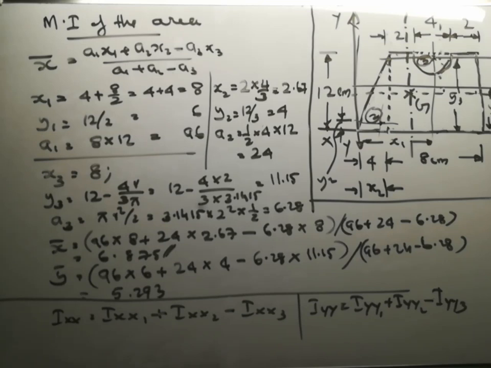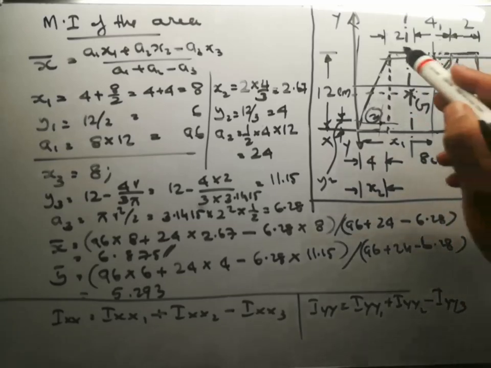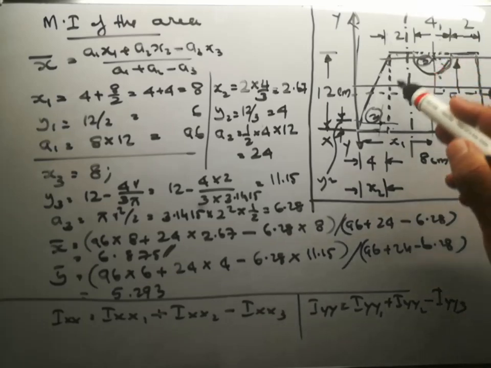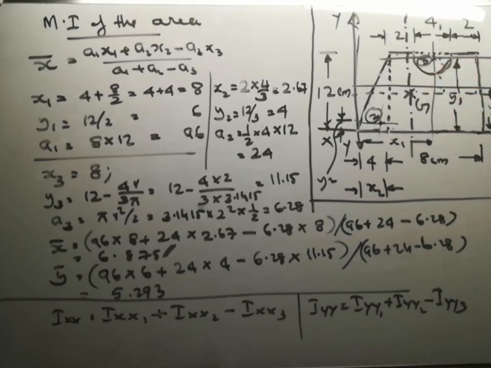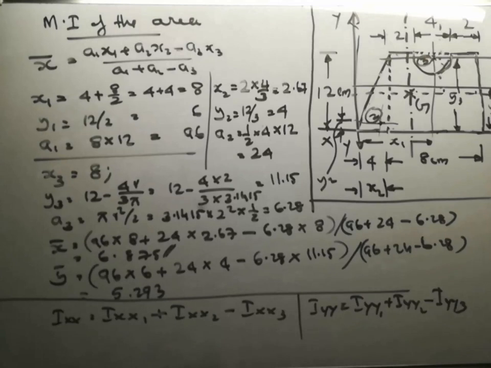So what is Ixx1? Ixx1 is equal to the moment of inertia of this rectangle with respect to the centroidal axis of the complex area, the whole area.